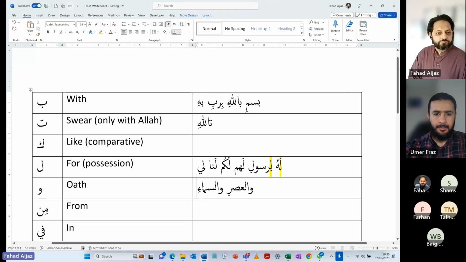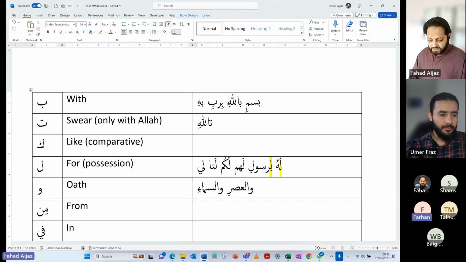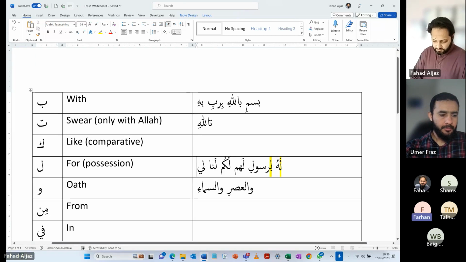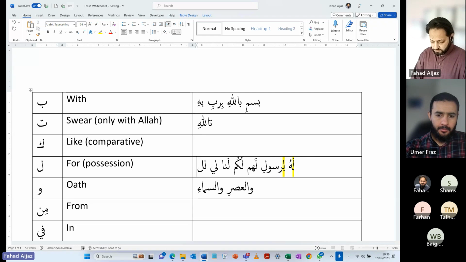Yes, Farhan, one question. Lillahi, is it also like this form? Yes, that's perfect. Lillahi, that's the same lam. It was basically like that.